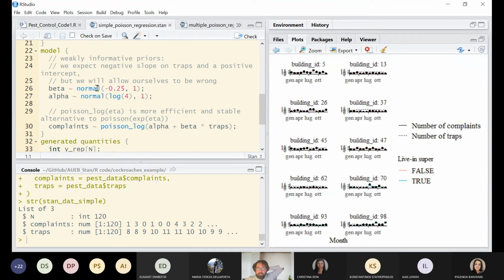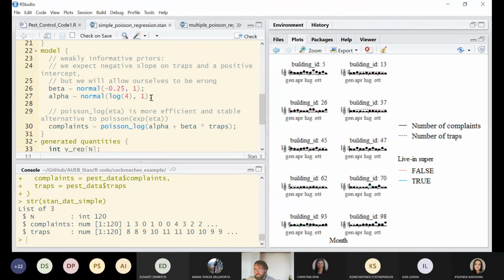In some sense, the higher the number of traps, the lower the number of complaints, because the more traps people are putting on the floors, maybe the lower the number of complaints. For the intercept alpha, I use a very illustrative normal distribution centered on log 4 with a standard deviation of 1.